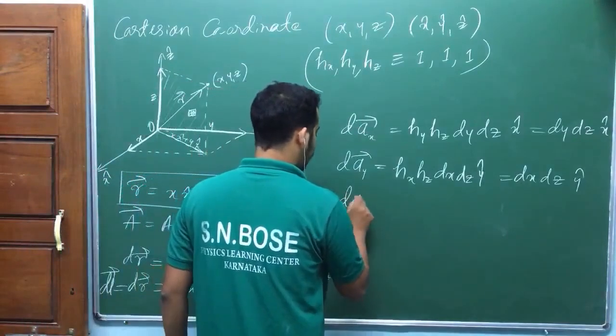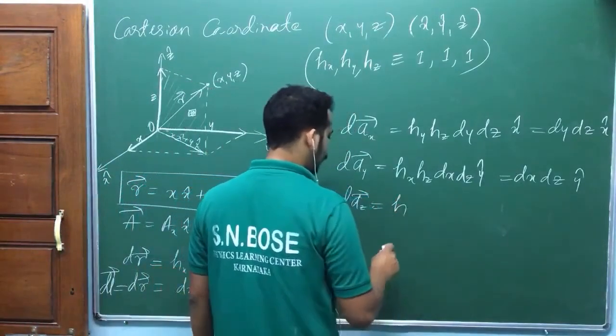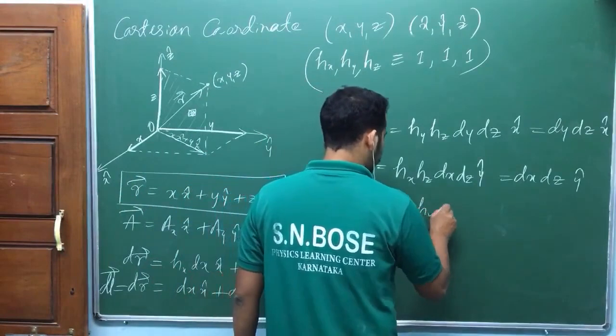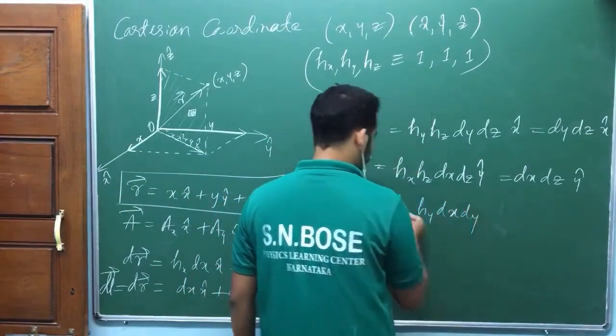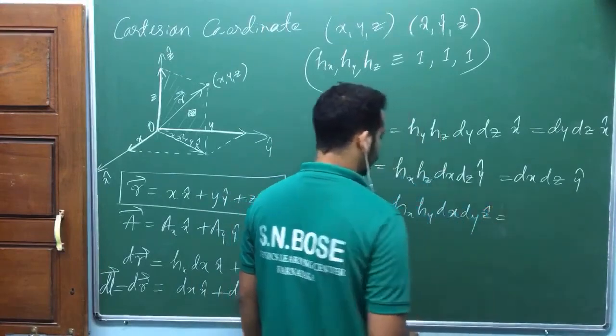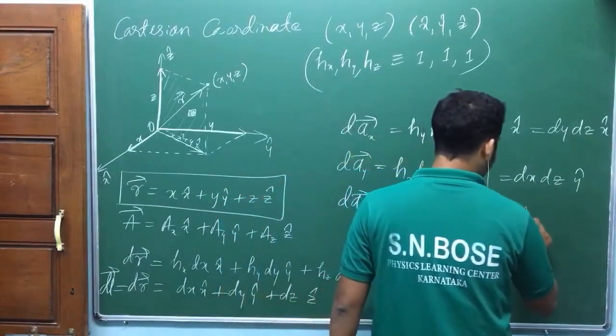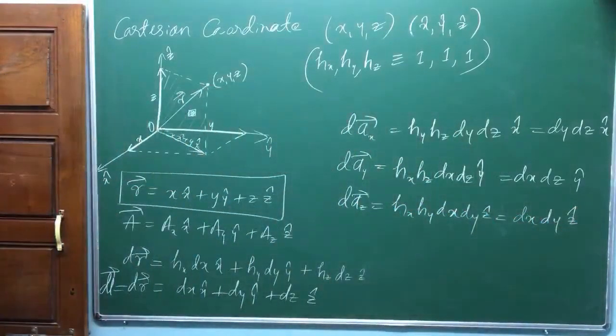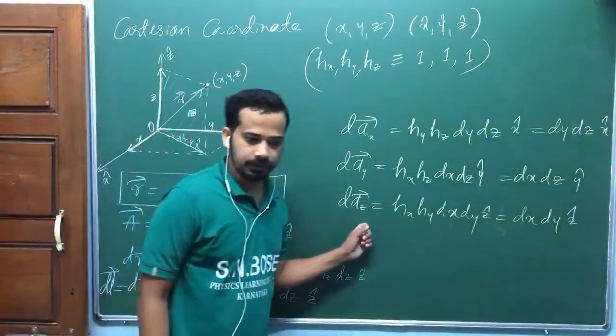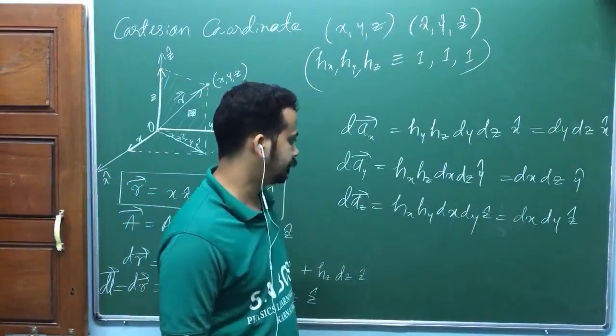Similarly, dAz vector is equal to hx, hy, dx, dy, z cap. Is that okay? dx dy z cap. I think you did apply this one in the case of the surface integral, etc.